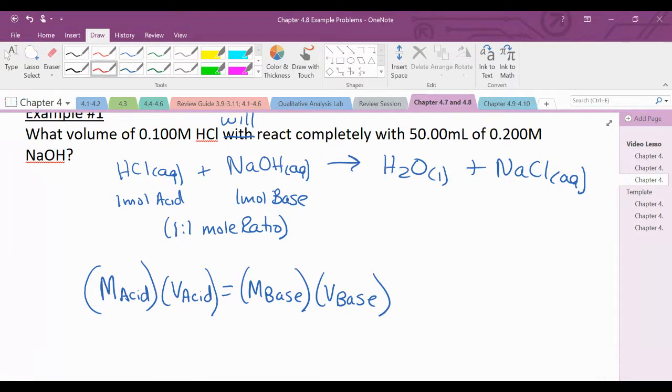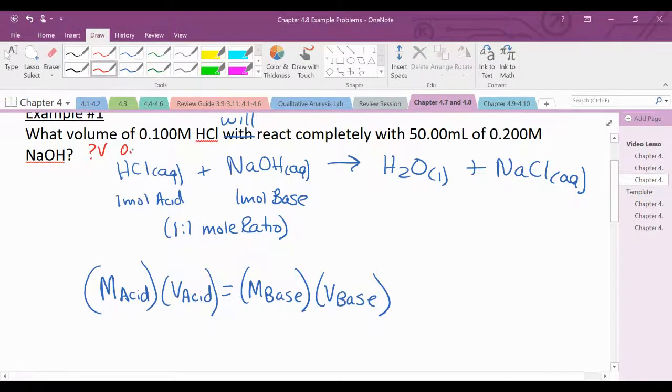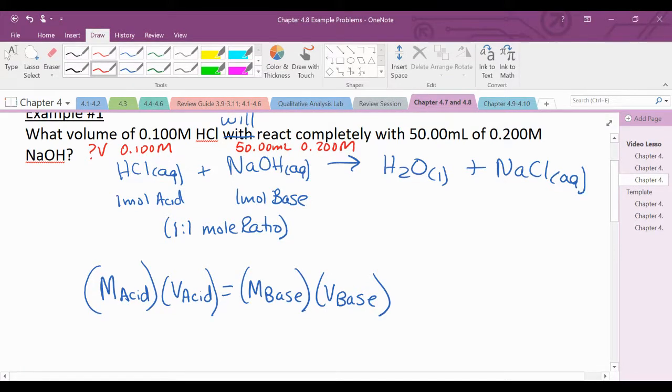And so from our notes, we wanted to find the volume of the acid. It's 0.100 molar. And we know the sodium hydroxide, we had 50 milliliters of a 0.200 molar solution.